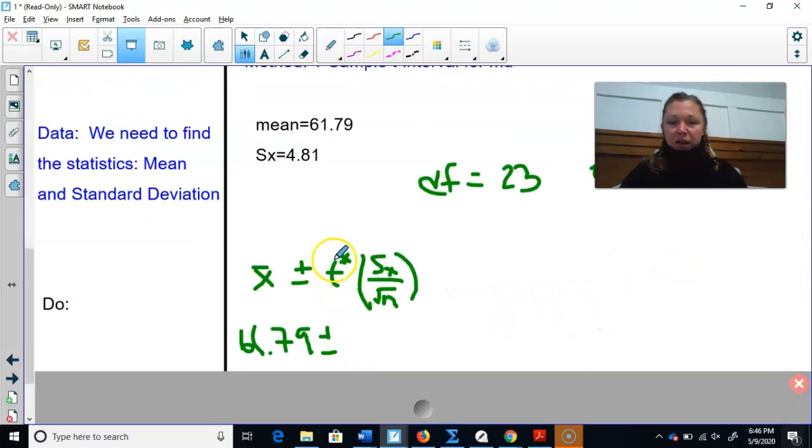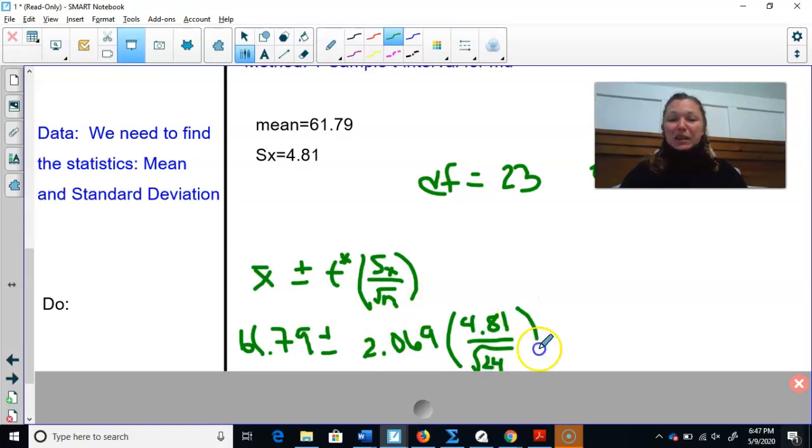Okay, so I'm going to fill that in for T-star, 2.069, times the standard deviation, which we found up here, 4.81, times the square root of the sample size, and that's 24. So that's the work you have to show me.